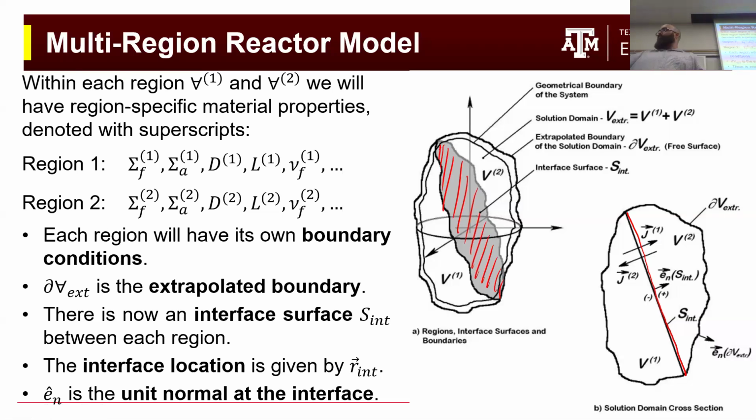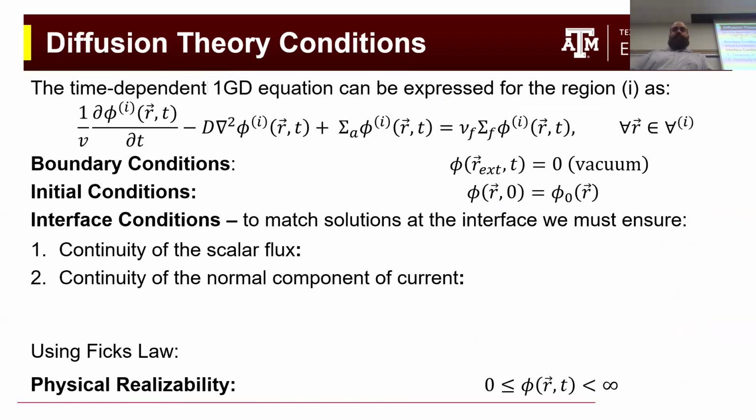And so I think I have time just to get through this one slide, which is basically just reminding us that this is the one group diffusion equation. I'm now just writing it as a multi-region equation. So I have a superscript i on my flux, and I could have superscripts i on my properties too, because basically what this is saying is that within every region, I will have a different solution for my flux.